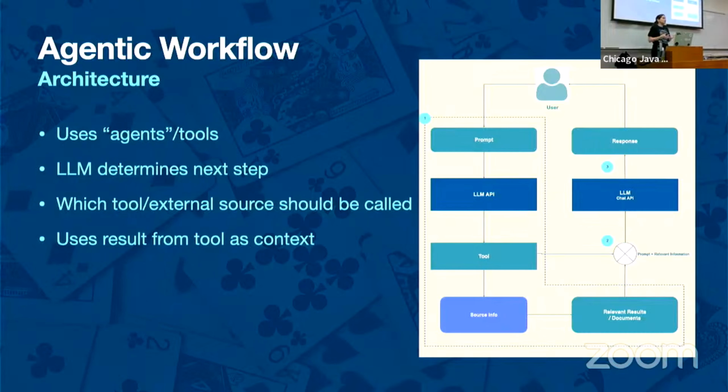When the question comes in, the LLM is going to decide, based on this question, which system to route it to. Do I go to HR or payroll, IT support documentation? Do I hit the website or something else? So the LLM has that determination step, but everything else is the same. It's going to hit that tool for the source information, pull the relevant data back, send that back to the LLM, and the LLM is going to generate a response and send that back to the user.